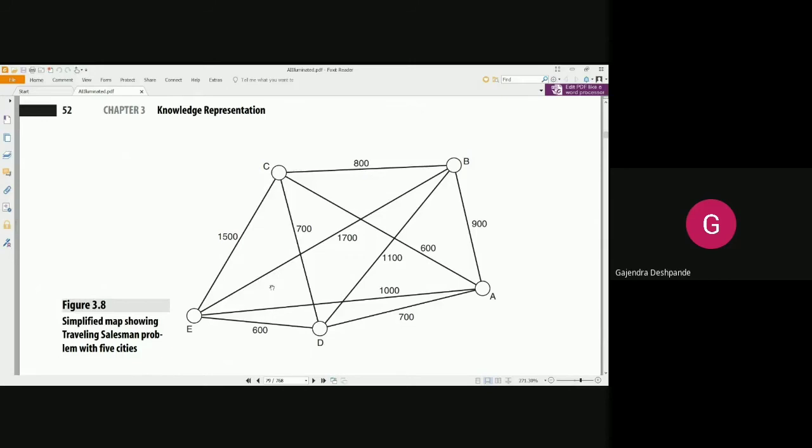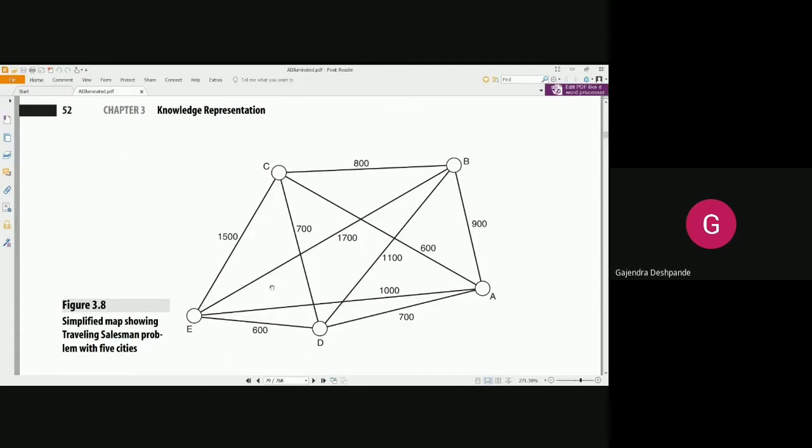So the total journey from A to A through the path A to B, B to C, C to E, E to D and D to A will take 4500 miles. But this may not be the optimal result for us.